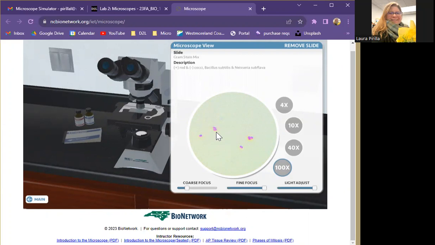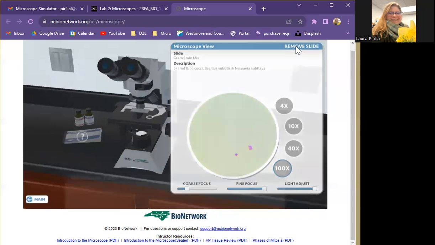It's like 1, 2, 3, 4 of them stuck together there. There's 2, there's 3. As we look around the slide, it doesn't want to show us the entire slide, but that's okay. It's enough to give you an idea of how much smaller these things are than plant and animal cells.